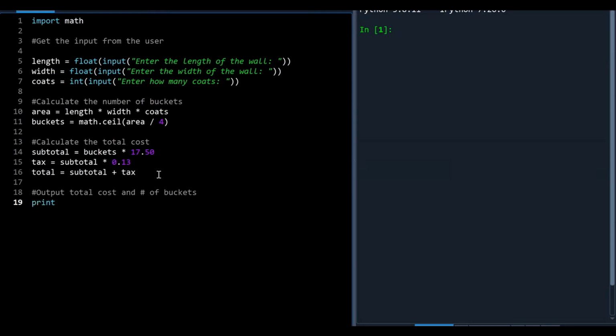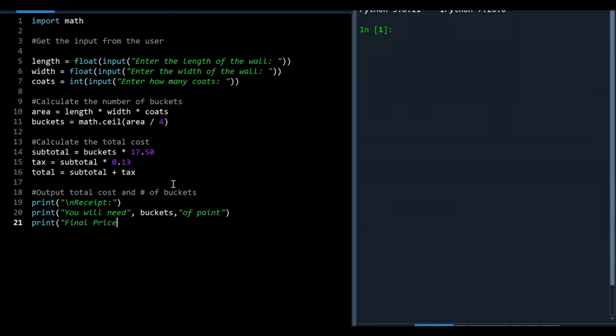Okay, so I think I'll make it, what did I say? It was going to be a little receipt, right? So I'm going to just make a space there so it looks nice, and we can print "You will need" buckets of paint, and I don't know, maybe we'll just print out the final price instead.